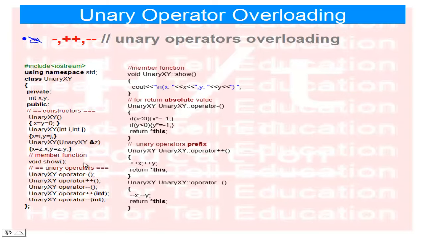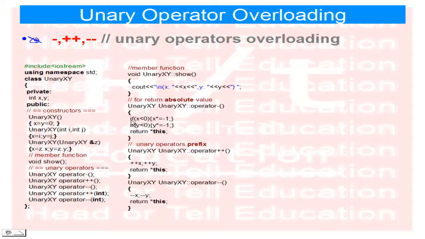So first, this is the definition of function show. It is very simple. Just cout, extraction operator, x and y value is showing. Okay, it's simple. Now next, I have the absolute value operator, because here I am using minus, so I am overloading the minus operator for this.